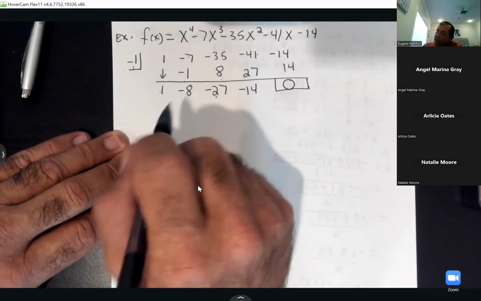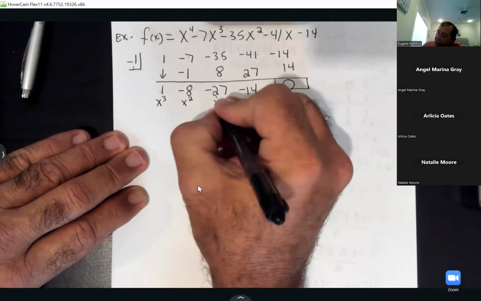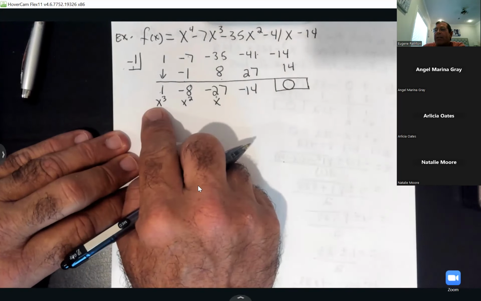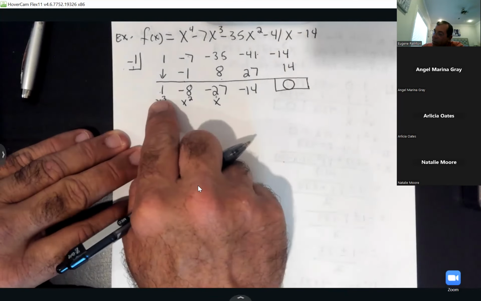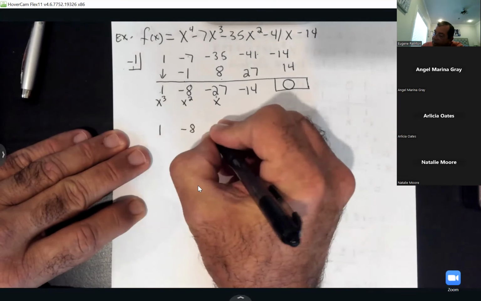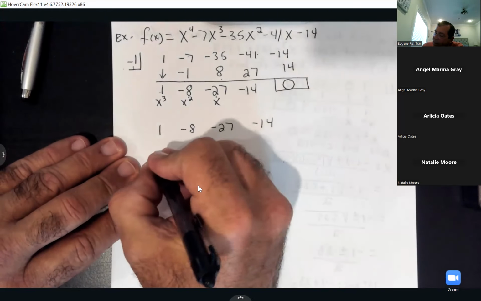So remember, that was an x to the 4th, so this is now an x cubed, x squared, x, and my number. I'm still too big to do my quadratic formula stuff, so I'm going to write these 4 numbers down: 1, -8, -27, and -14.